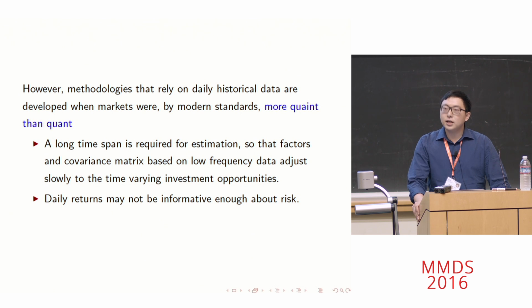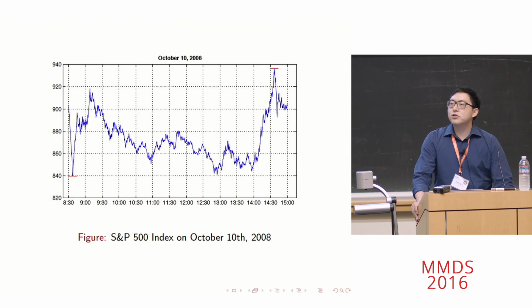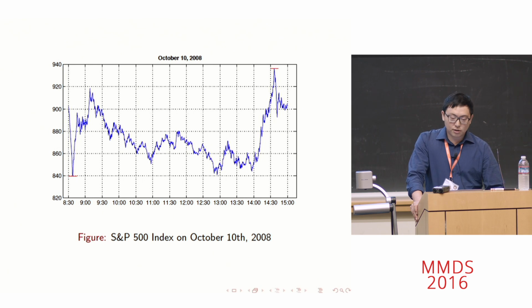Moreover, daily returns may not be informative enough about the risk. Here is a picture of the S&P 500 index on October 10th, 2008. This is the intraday transaction price for the S&P 500 index.